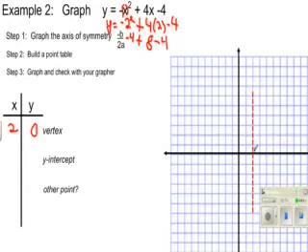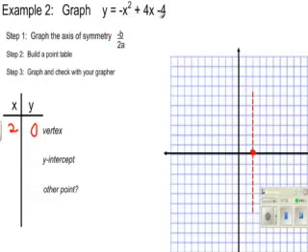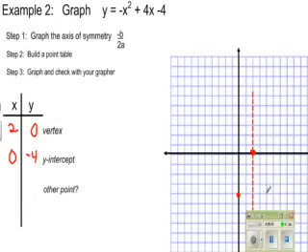So our vertex is at 2, 0, right there. Find the y-intercept, plug in a 0 for x, and you can see everything is going to go away but the negative 4. So when x equals 0, y is negative 4. 1, 2, 3, 4, and then we look and see that the parabola is going to open down because of that negative sign, and it's symmetrical here.